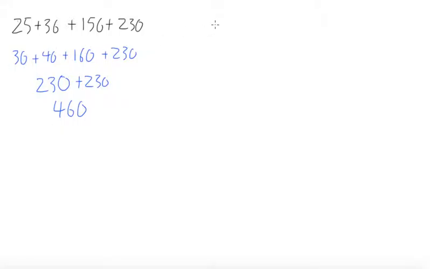So 25 plus 36 is 61, plus 156 is going to be 217, and then if we add the 230 to that, that's going to be 447. So is the estimation higher, lower, or the same? Well, it's higher, but it's still pretty close, and if we weren't looking for the exact number, estimation would work.